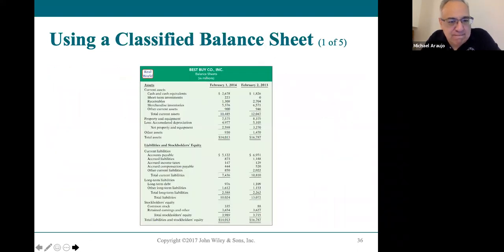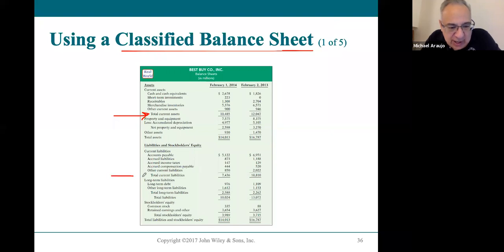For the liquidity and solvency ratios, we need the balance sheet, specifically the classified balance sheet. Why? Because we're going to be looking at total current assets and total current liabilities. So for the accounting year ending 2014, you'll see that Best Buy had, again, this is in millions, $10,485 million of current assets.